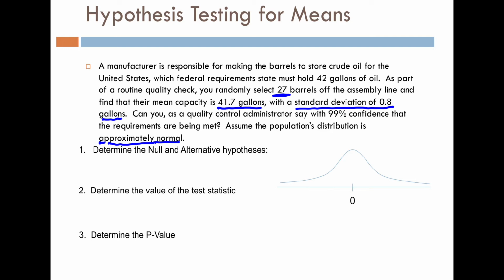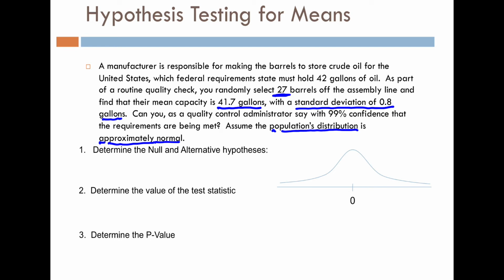Otherwise, if we don't know what the distribution is of the underlying data, we don't see it becoming normal until we get to sample sizes of 30 or more. So that's why we assume that the underlying population distribution is approximately normal, so we can not be worried about that sample size of 27.